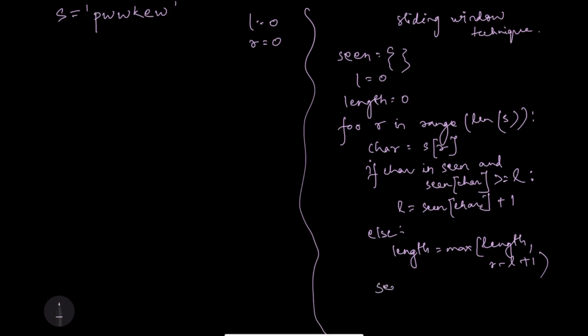And we would be updating the index of our character in our hash map. And in the end we would be returning the length when we would have iterated the whole string. So this is the algorithm. Now let's do the dry run for this example and see how it is going to work.